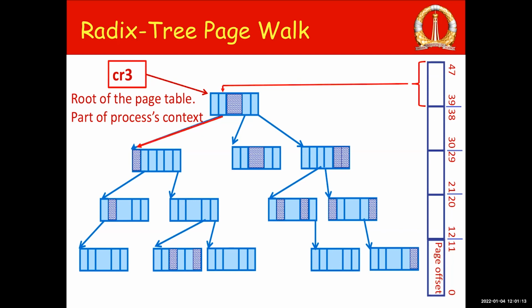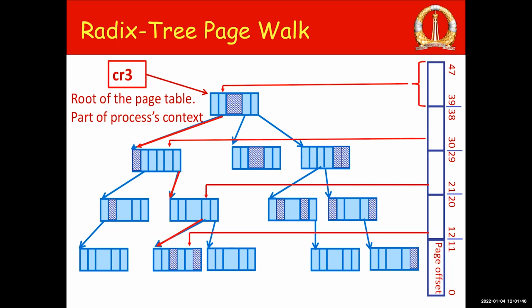Then you go to that particular level, and then use the next set of 9 bits and index into that. This is exactly one page. If you use the 9 bits, you are talking about one particular location in that 4K page, and that corresponds to, let's say, this location. Then you take the next set of 9 bits, index into that, and that corresponds to one location.